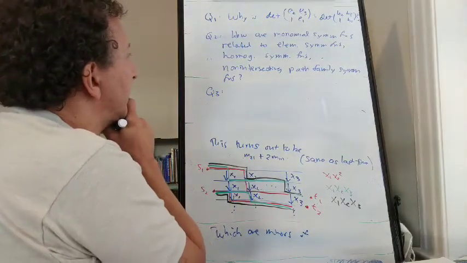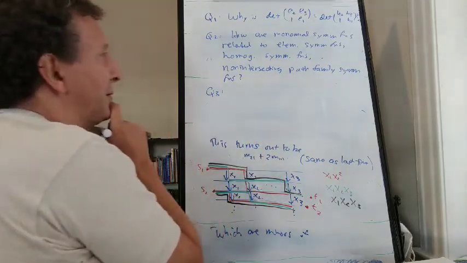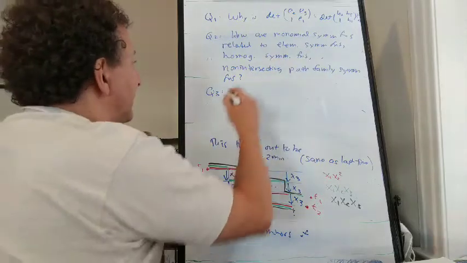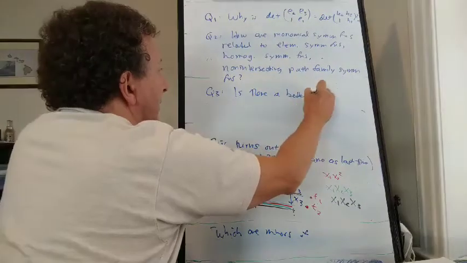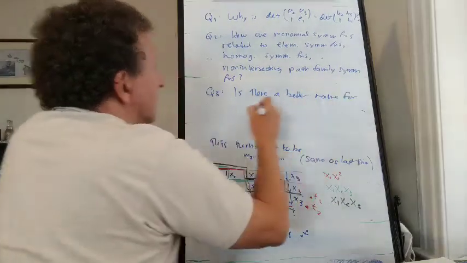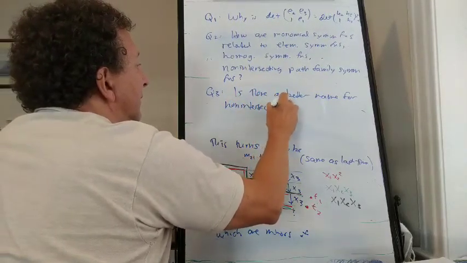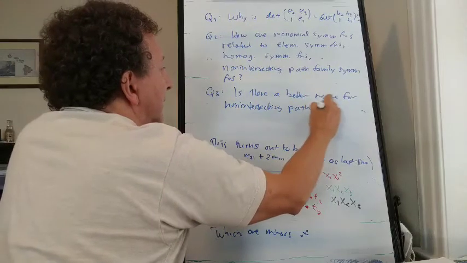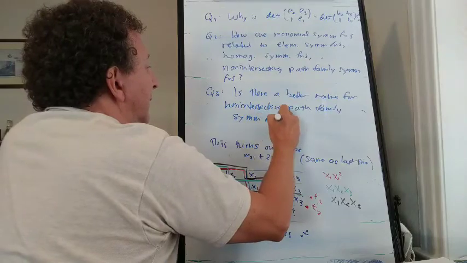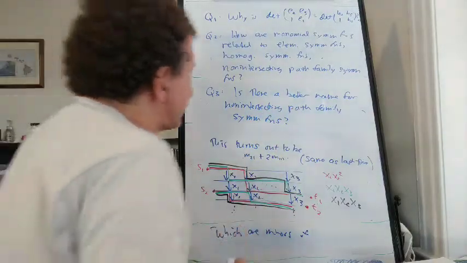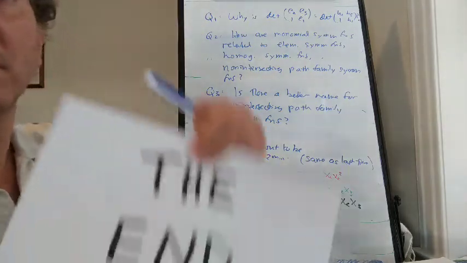And question 3, is there a shorter name for non-intersecting path family symmetric functions so that we don't have to keep saying all that? And those are 3 questions that we will look at in more videos. The end.